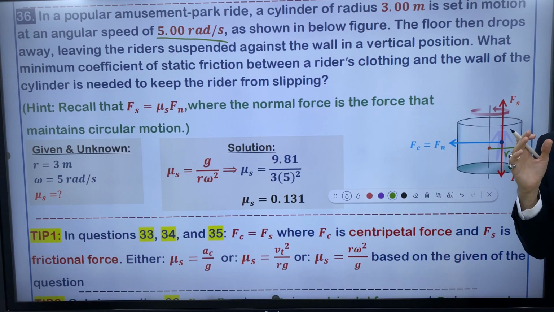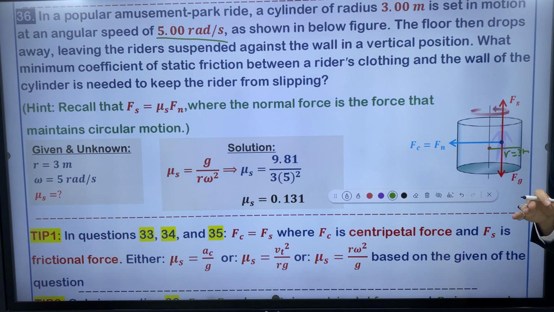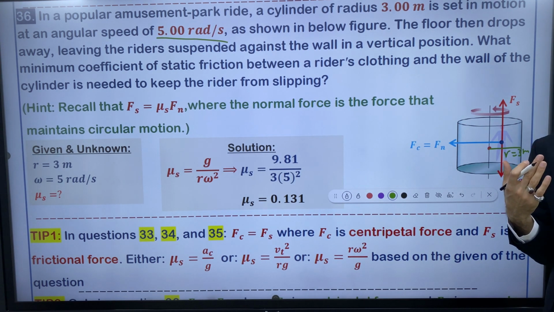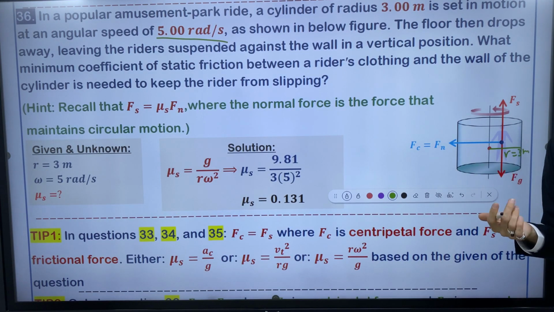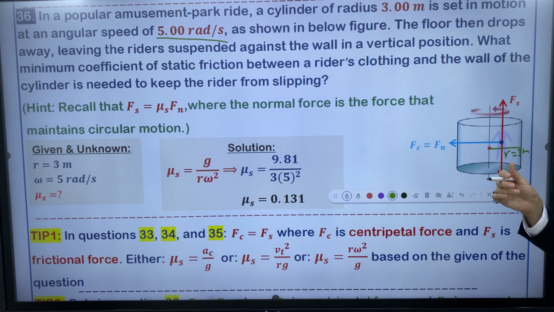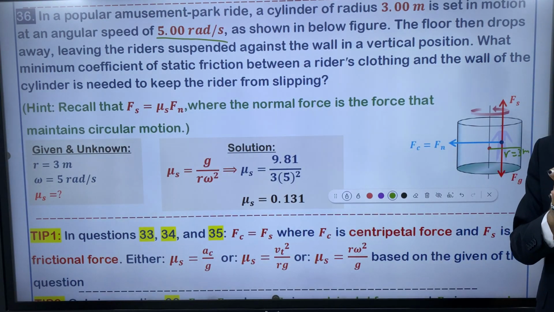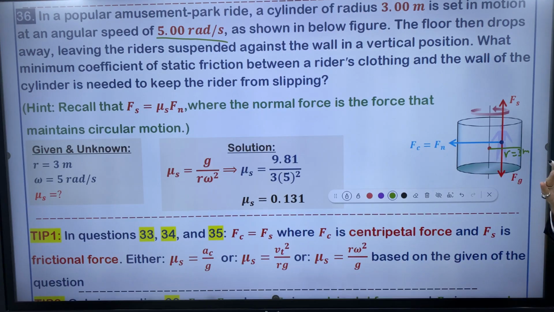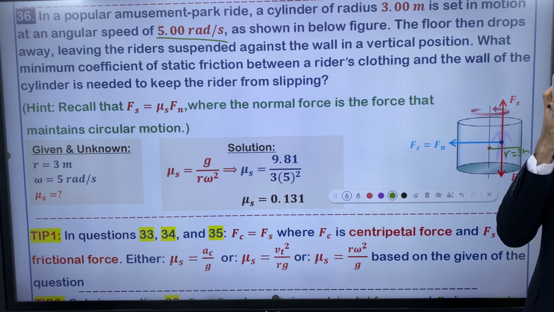Because of a centripetal force. Centripetal force keeps them in a circular track. Teacher, which force becomes a centripetal force here? Is it friction between the body of a person and the cylinder? No. Friction does not work here.